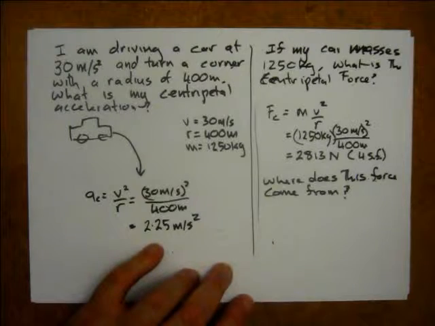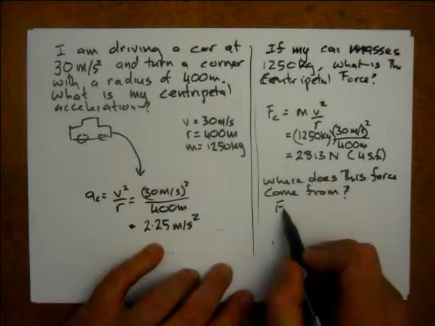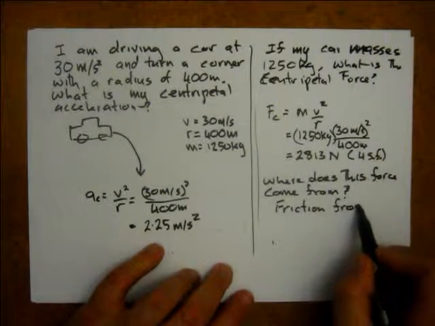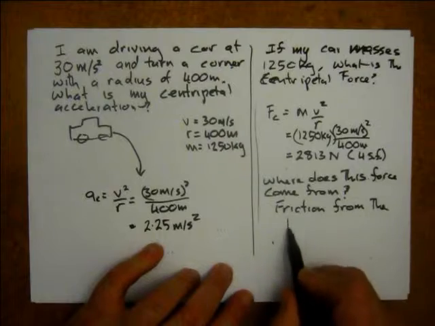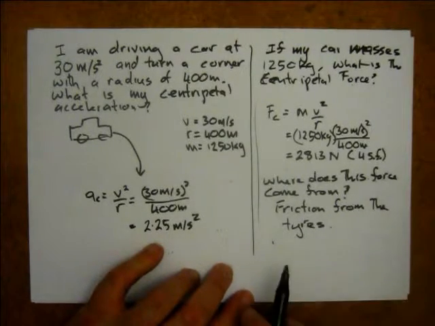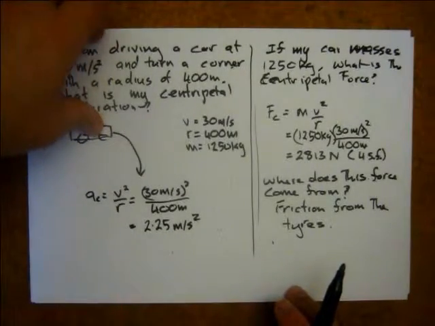But what is the actual force? And the force is the friction from the tires on the ground. So the friction of the tires meeting the ground is what supplied this centripetal force.